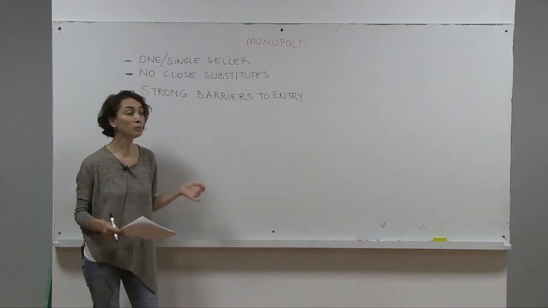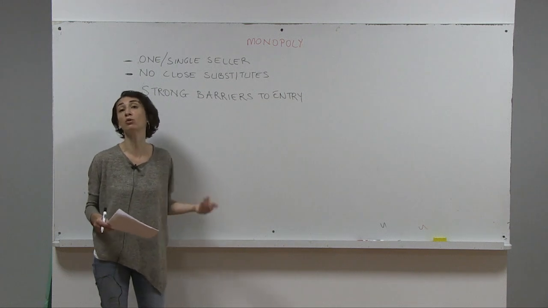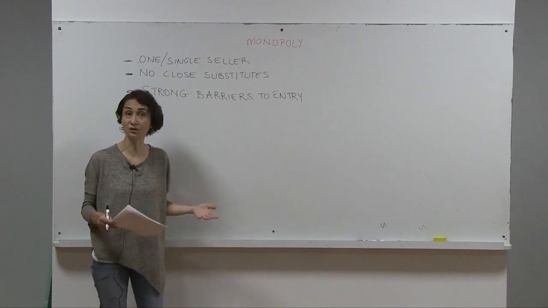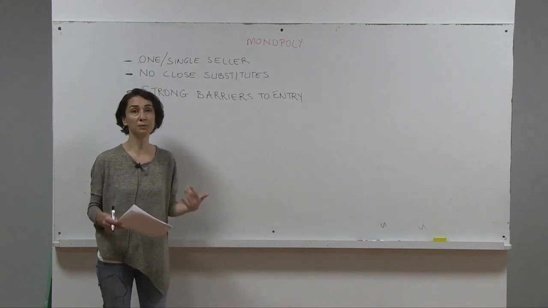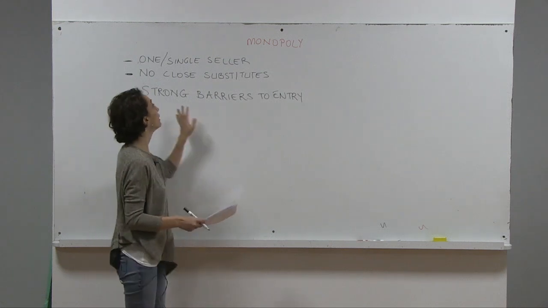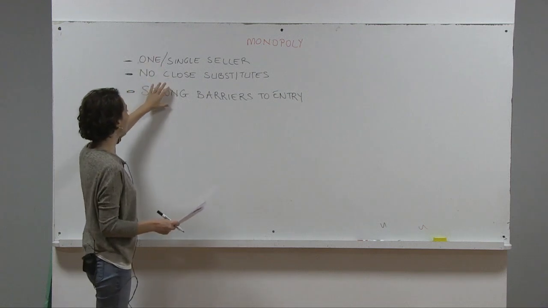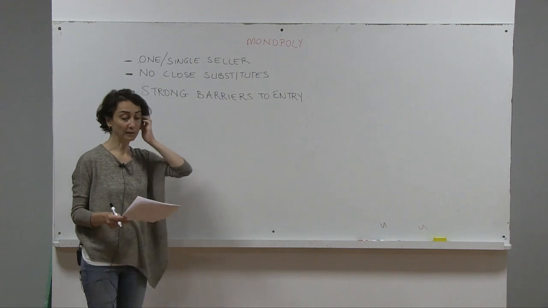So if in a monopoly, a firm is making a positive economic profit, in the long run, nothing would change, right? It will continue to reap these high economic profits because of these barriers to entry. Okay, so these are the three important assumptions we make to define a monopoly.